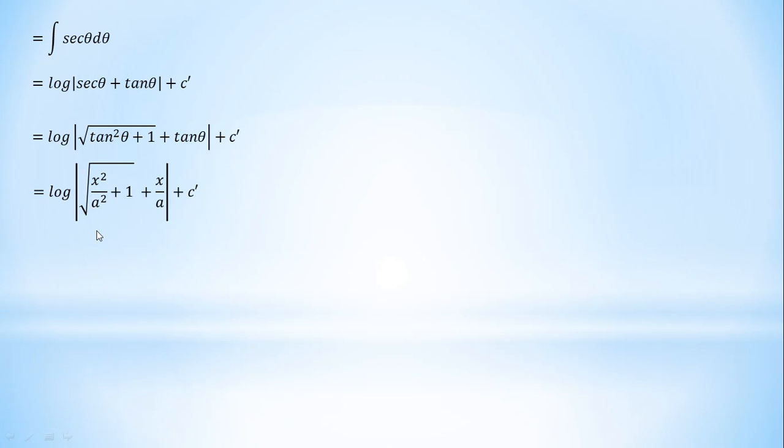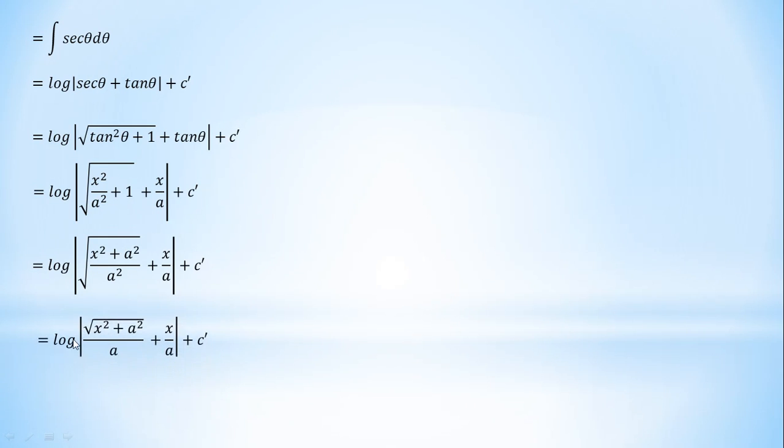Now further if you simplify this, cross multiply under root, we get x square plus a square upon a square, plus here it is x upon a. A is constant, remember. Hence we get log of modulus of, now separating the roots, here we get root of x square plus a square upon a, because by taking the separate root here a square becomes a, plus this is x upon a.